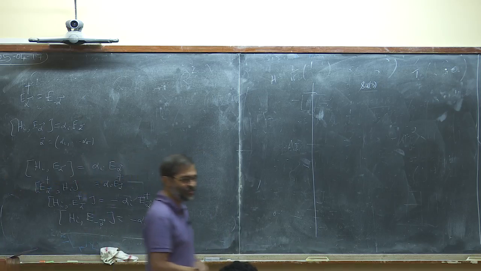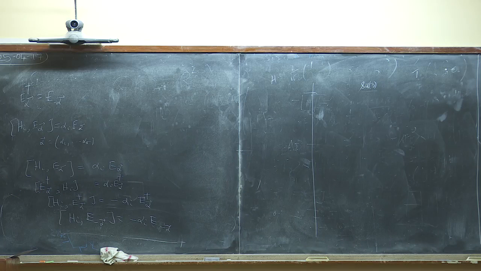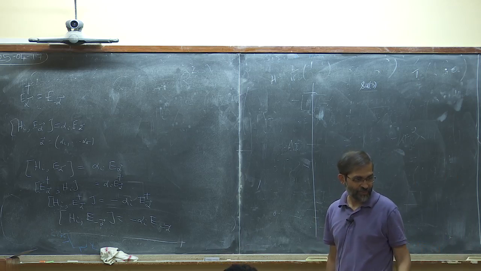Let's check it out at least for SU(2) and SU(3). For SU(2) the rank R is 1 and dim G is 3, so dim G minus R is 2, an even number.